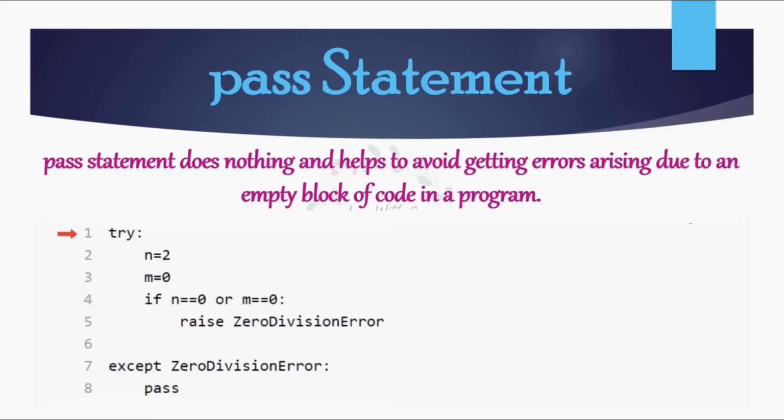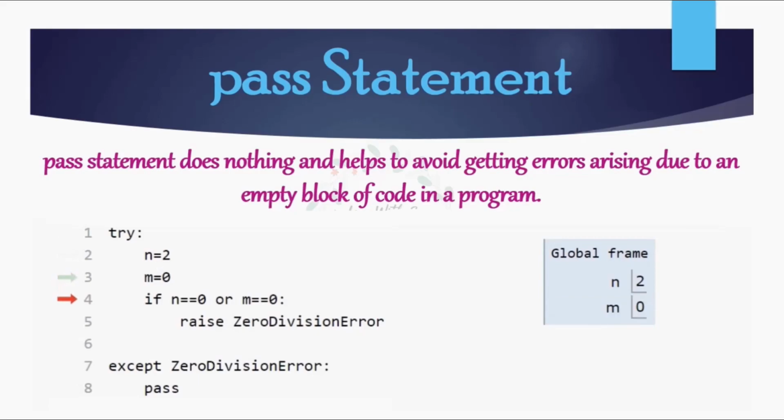So now let's move further towards understanding our pass statement in the given code. Inside the code, I've initialized two variables with some values. In order to perform division between these two variables, I would like to ensure that none of these variables contain the value 0.